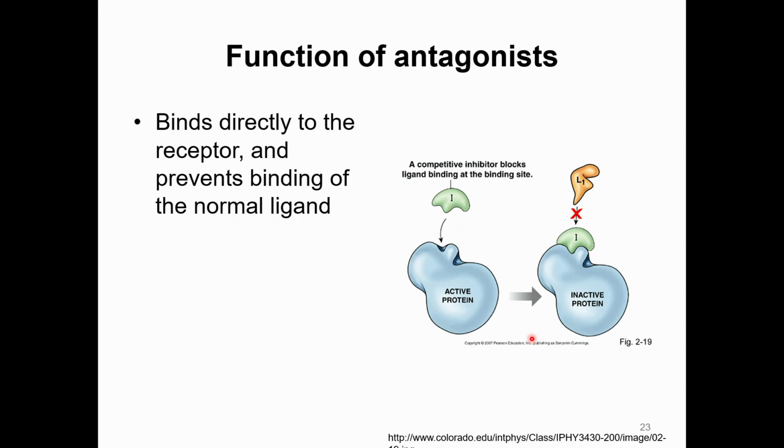So if the antagonist has a higher affinity for that receptor, then that's going to be a pretty good antagonist. And if it's so much higher that almost 100% of the time this is happening, then we would call it a blocker, basically. But it's all mediated by the relative affinities of the endogenous ligand and the antagonist for a particular binding site.